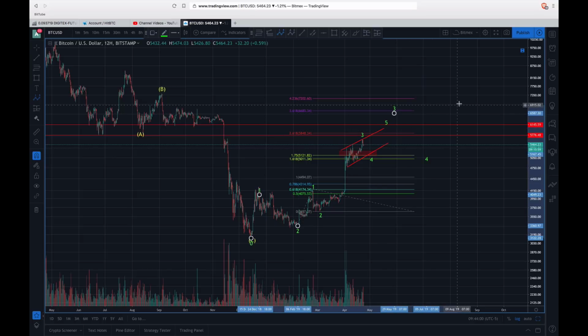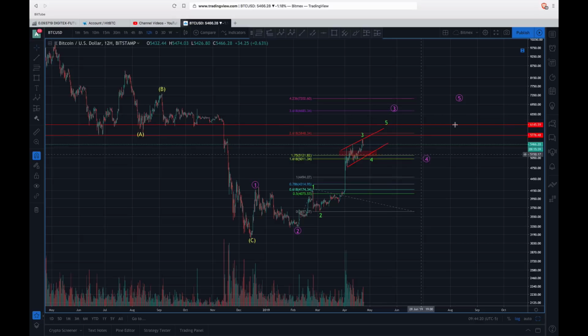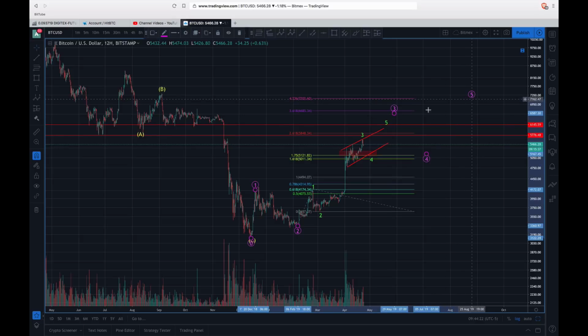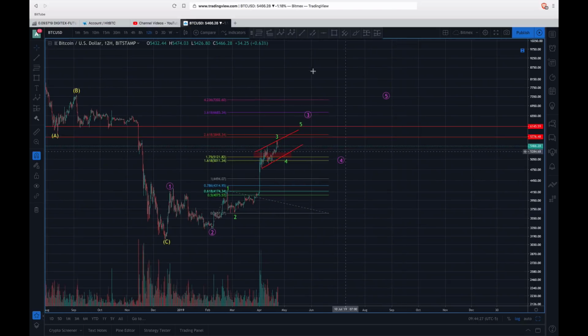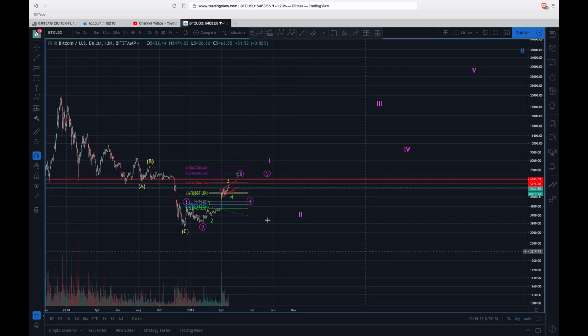It's actually just a 1, 2, 3, 4, 5 of the first major 1, 2, 3, 4, 5. So when we're looking at it like that, this all could just be the 5 waves that complete the 1 of the next major cycle going into 2022, 2023, whatever it is.